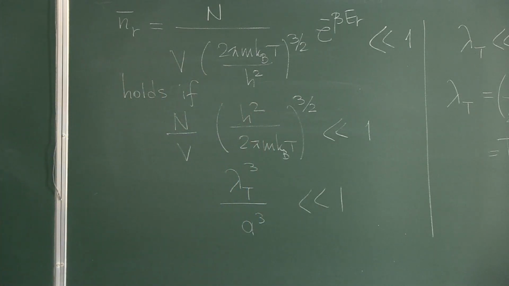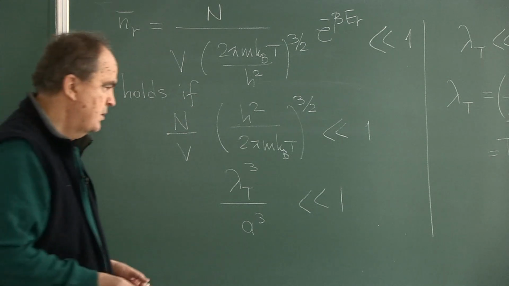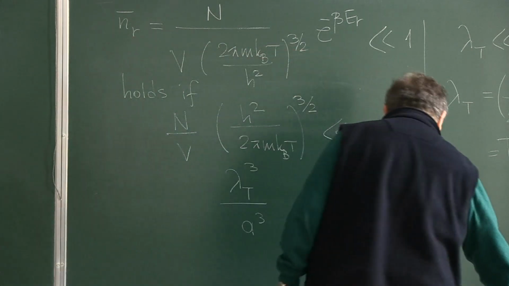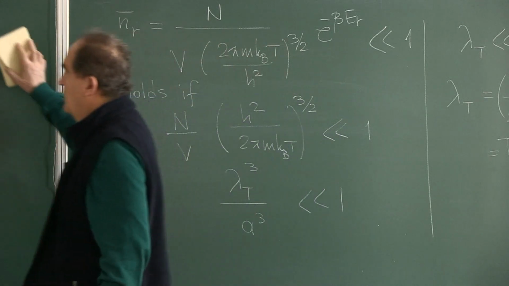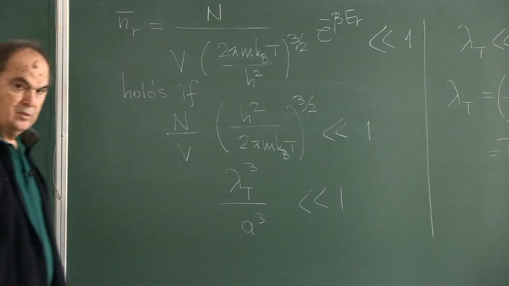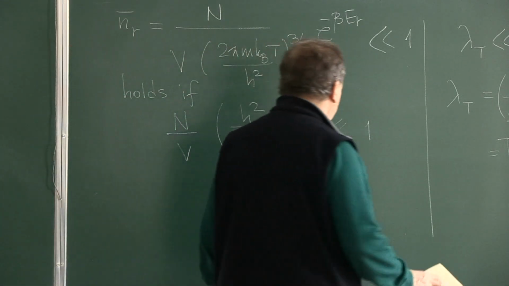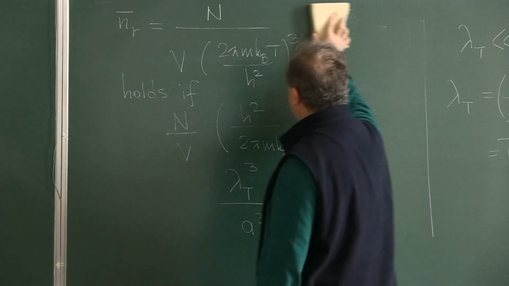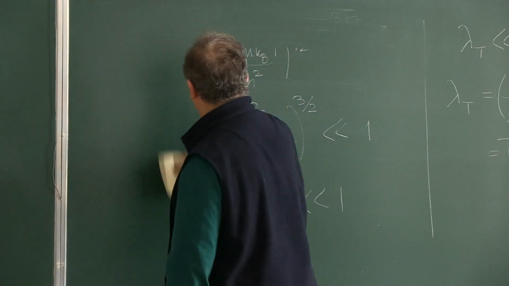Do you have any questions up to now? Okay. Let's go to the oscillator problem. We have done it in the microcanonical ensemble. Let's see what we are going to get if we solve the same problem within the canonical ensemble.